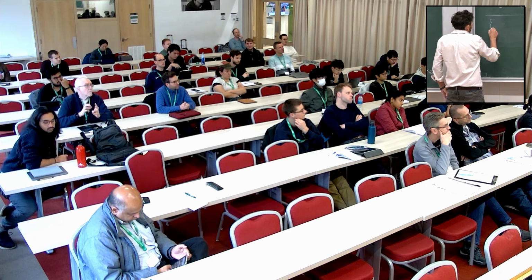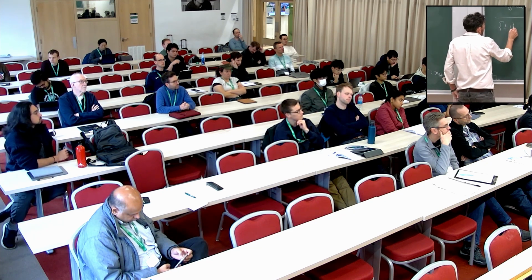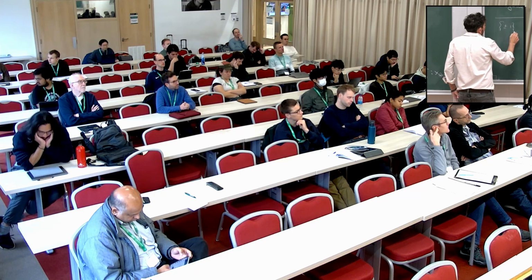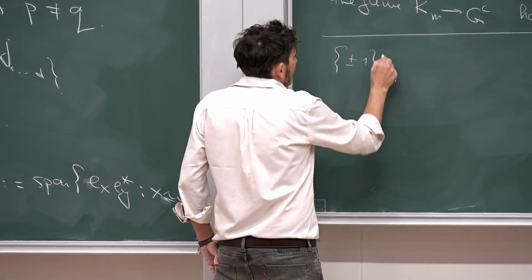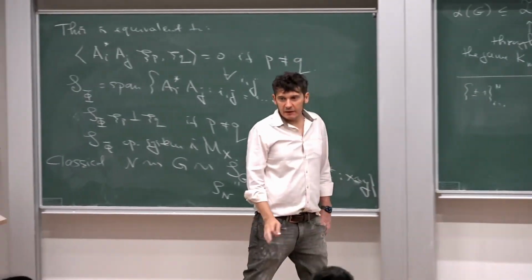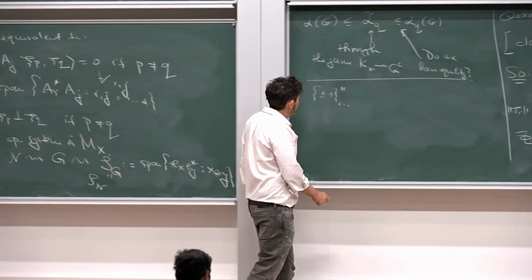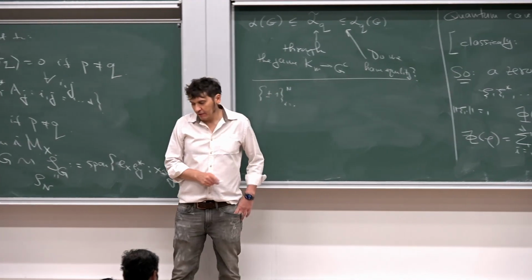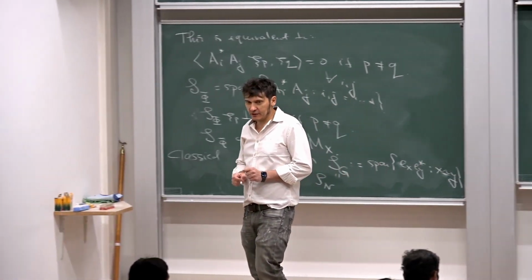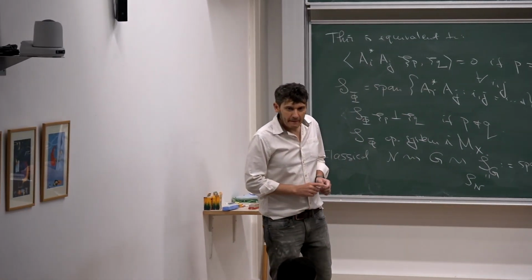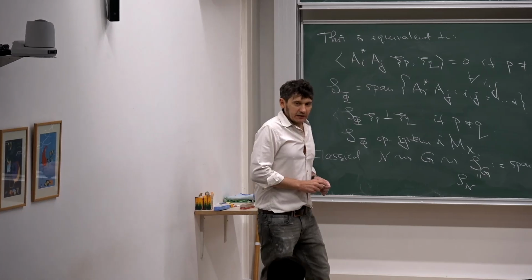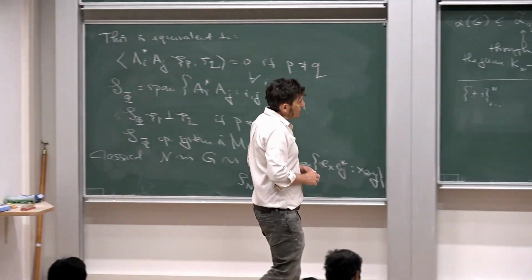There the vertices are plus-minus 1 vectors, and two of those are adjacent if the inner product is 0. That's the adjacency relation, and there is a nice computation.